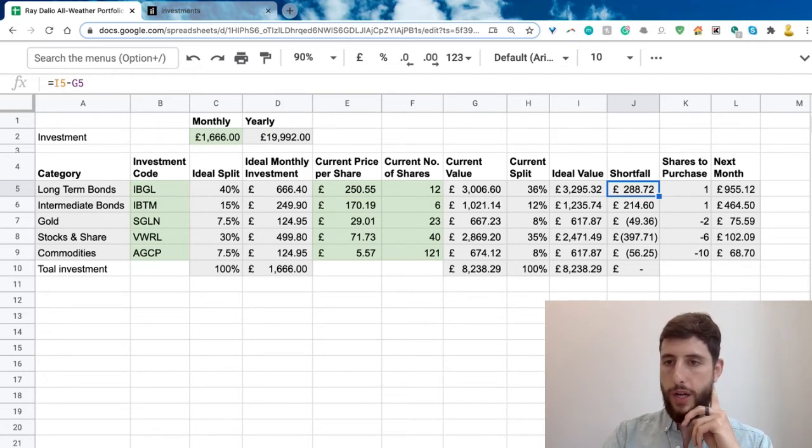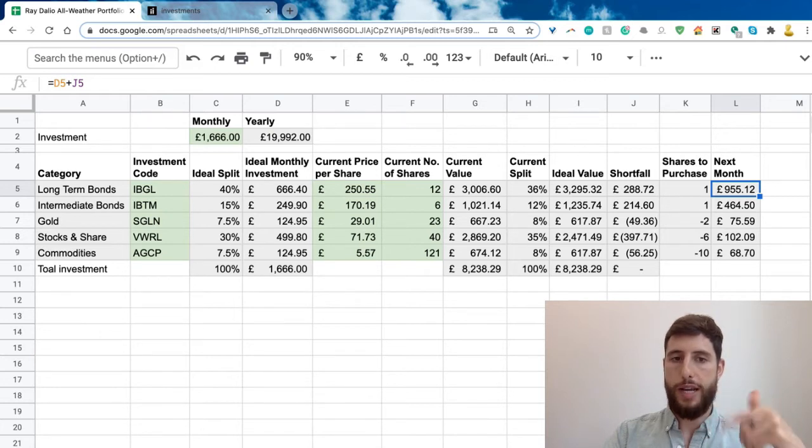So to do that, we want to know how many shares to purchase or how much to set the next regular amount. Now, the reason why we want to know how many shares to purchase is because when you're investing in shares, you need to buy a specific amount of shares.